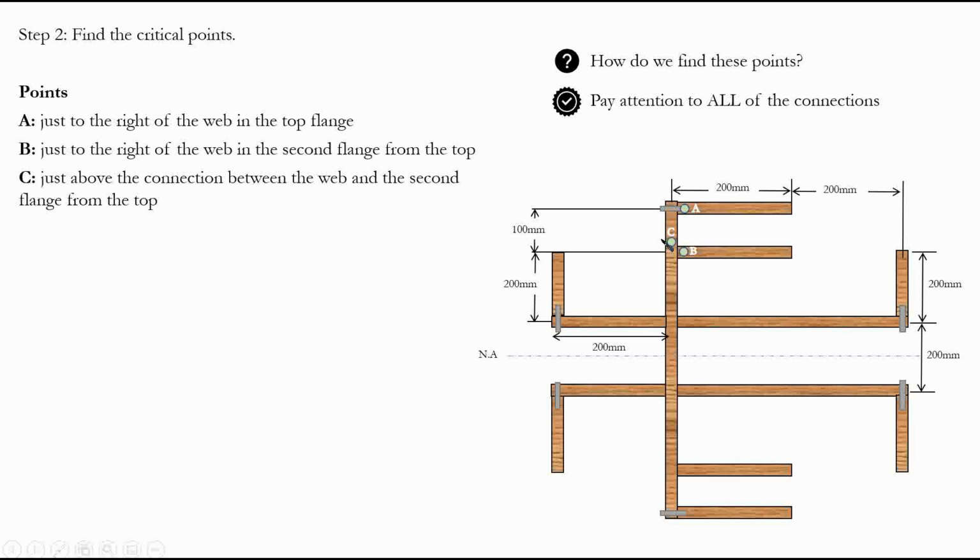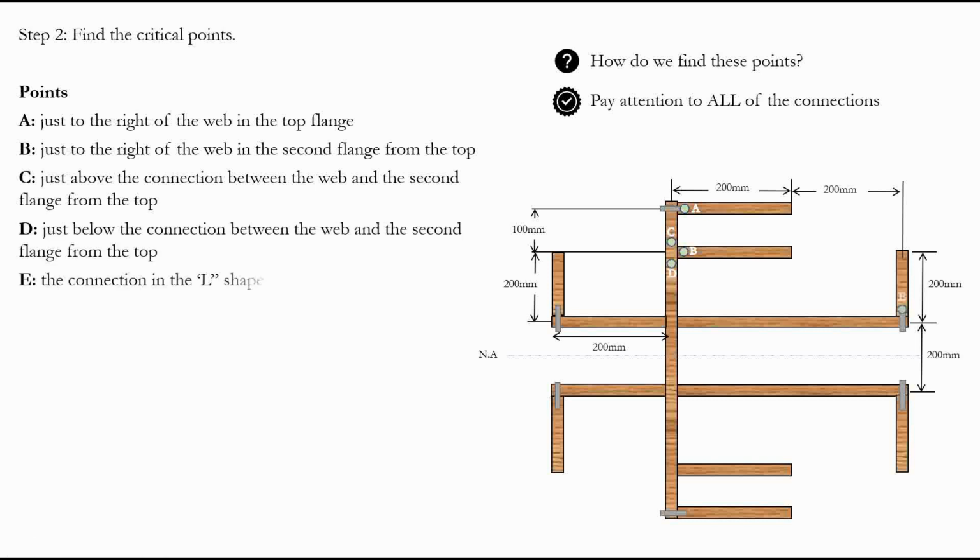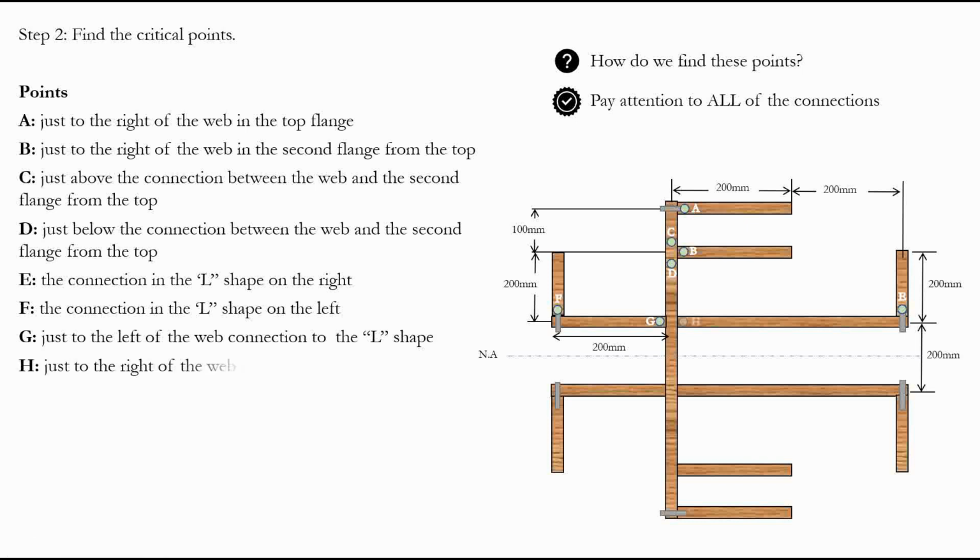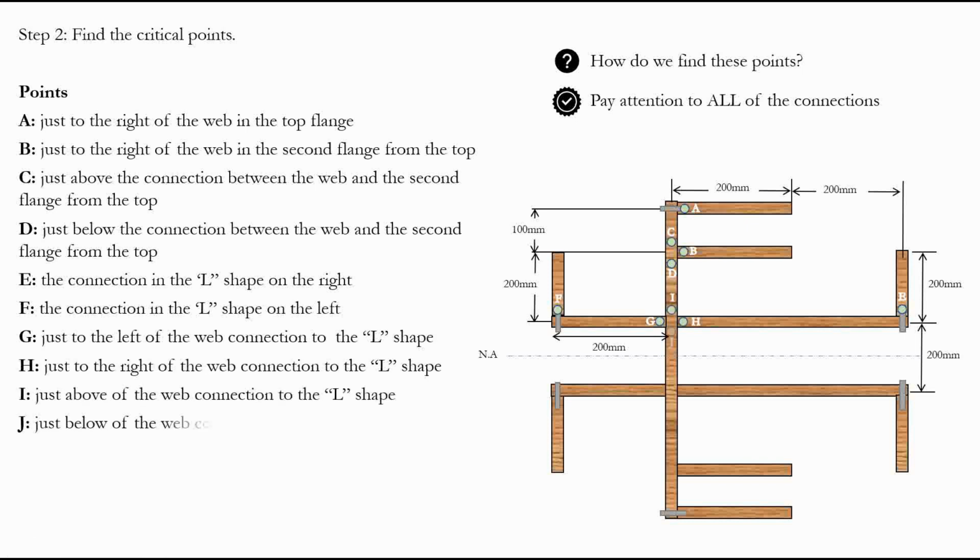And again, I'm going to talk about the concept of moment of area, or Q. And here you have point D just below that connection, and you have point E right here at this flange, point F on this flange, and you have G, H, again above and below. The main idea behind this is just find it at the connection, just to the left, just above, just below, and that's very important.